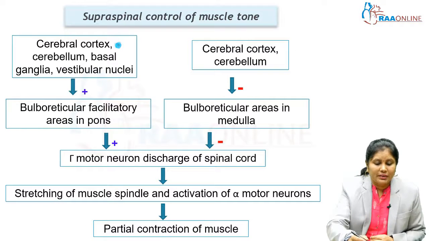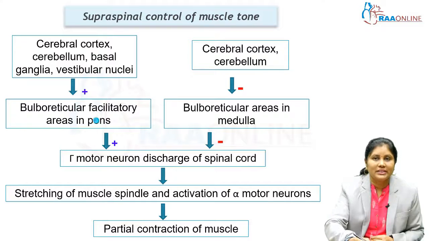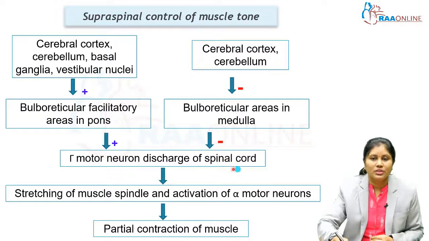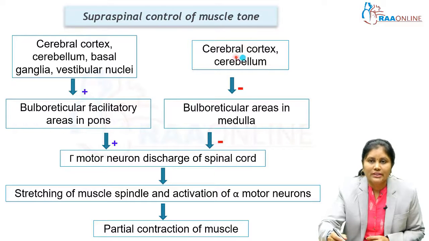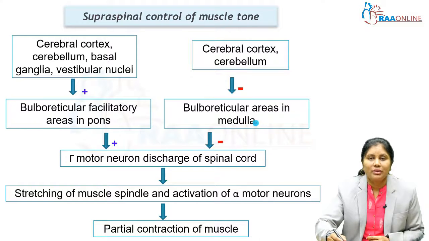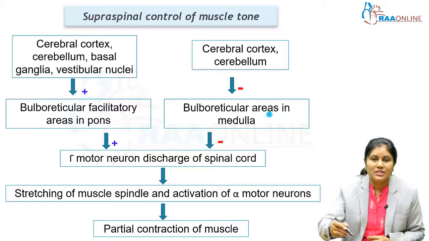Okay, so the cerebral cortex, cerebellum, basal ganglia and vestibular nuclei all stimulate the bulboreticular facilitatory areas in the pons, which stimulates the alpha motor neuron discharge of the spinal cord. On the other hand, a few influences from the cerebral cortex and cerebellum inhibit the bulboreticular areas in the medulla, that is, the medullary reticular area which is inhibitory.